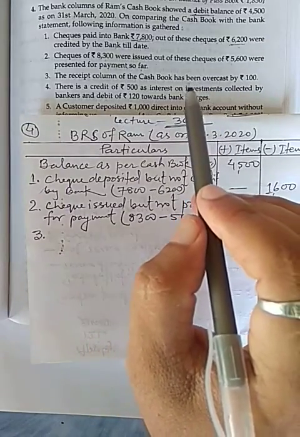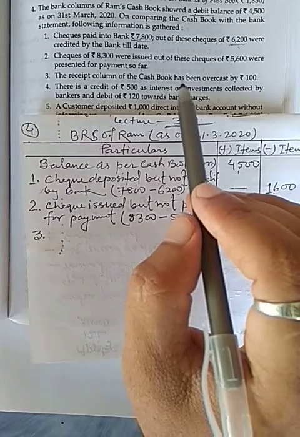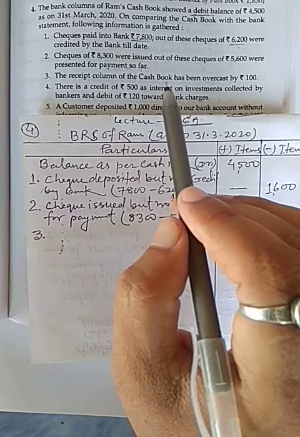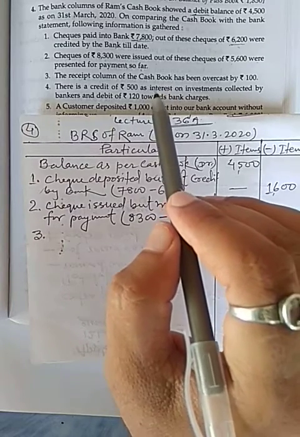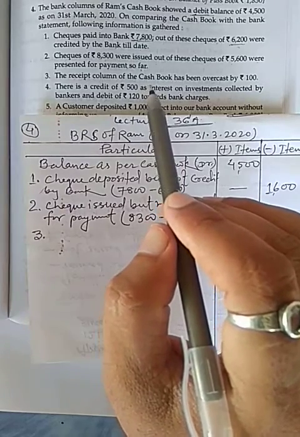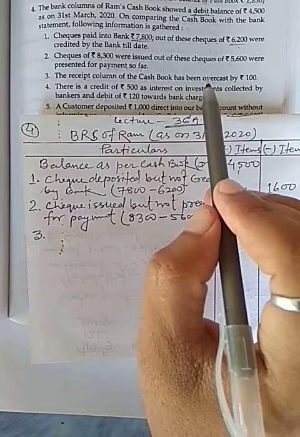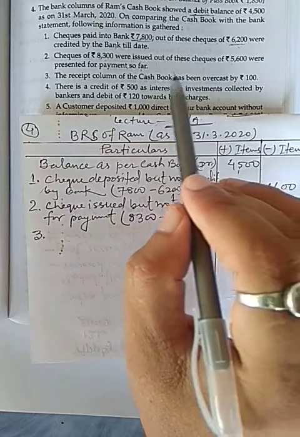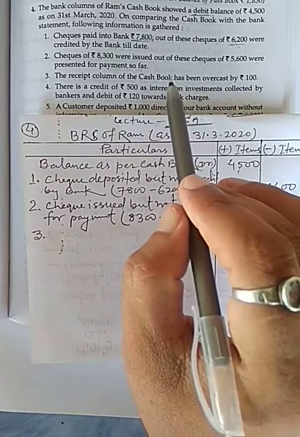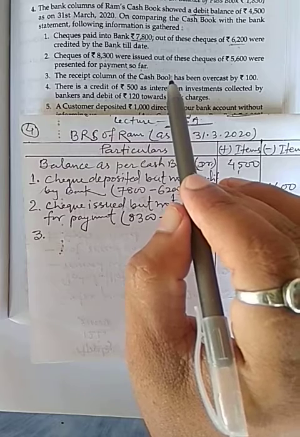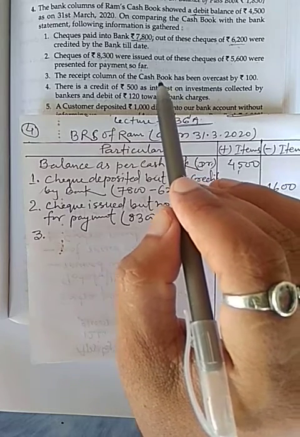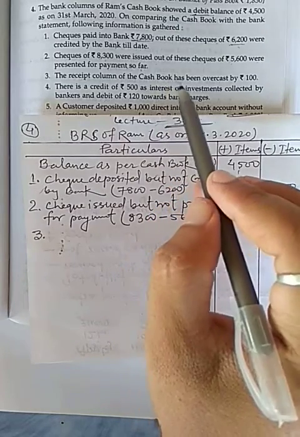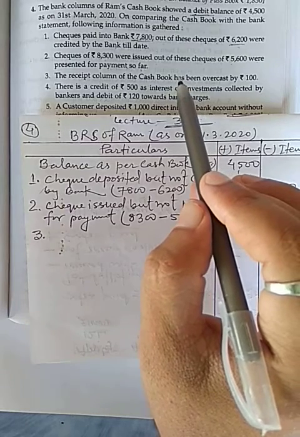So if the receipt column of cash book is seen, it is our plus side, and if it is overcast by 100, then our cash book balance will show an over balance, meaning increasing balance, but our passbook is not showing increasing balance.